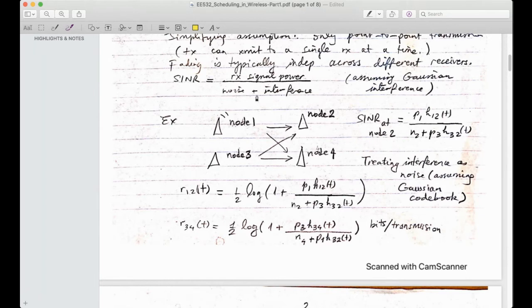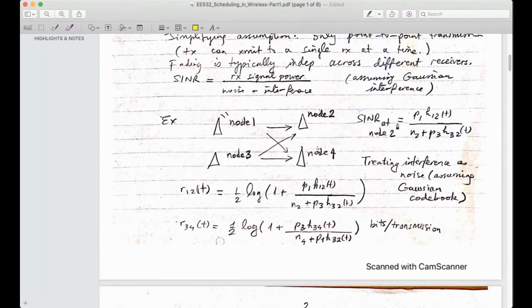example of two nodes, node 1 and node 3, transmitting to their respective intended receivers, node 2 and node 4. So node 1 intends to communicate to node 2 using power P1, and node 3 intends to communicate to node 4. Now the channel state from node 1 to node 2 is H12(t).